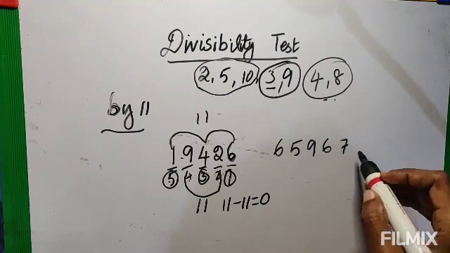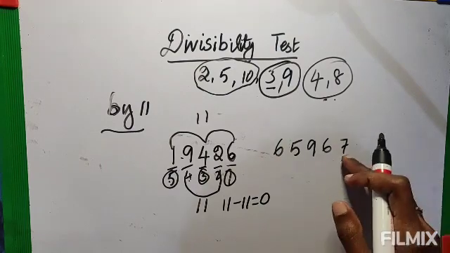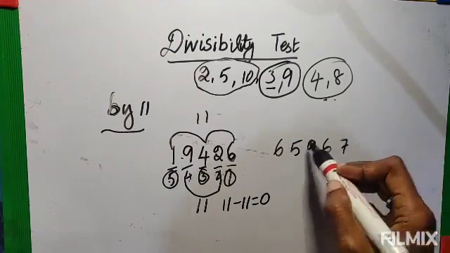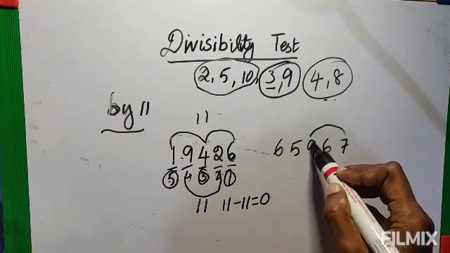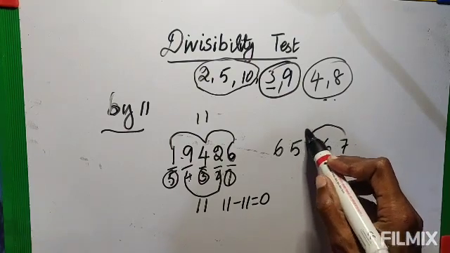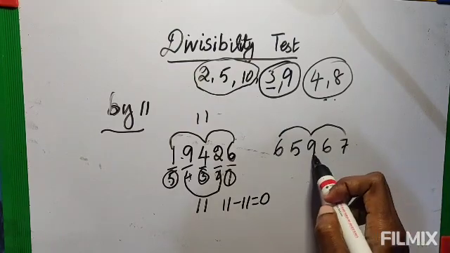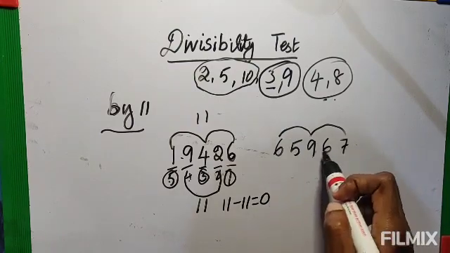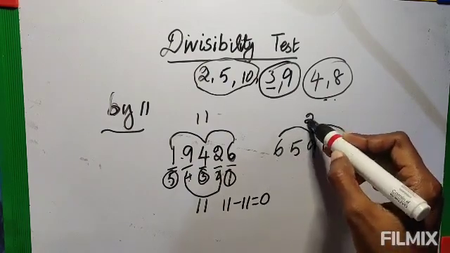Okay, here also let's see odd numbers. If you don't remember odd and even, then you take one number and leave one. This is the first number, you leave the next number and go to the third number. Then you leave the next number and go to the next number. So you add these now. 7 plus 9, 16. 16 plus 6, 22.